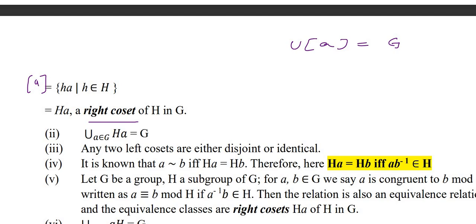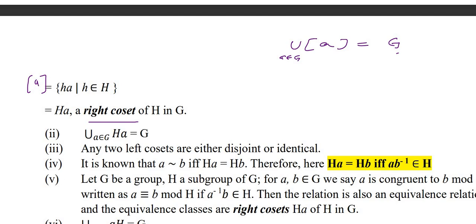So the union of all these equivalence classes should be the whole of G, where this A ranges over capital G. And we know that each equivalence class is either disjoint with another equivalence class, or the two must be identical. Any two equivalence classes are either disjoint or identical. So we make use of that.